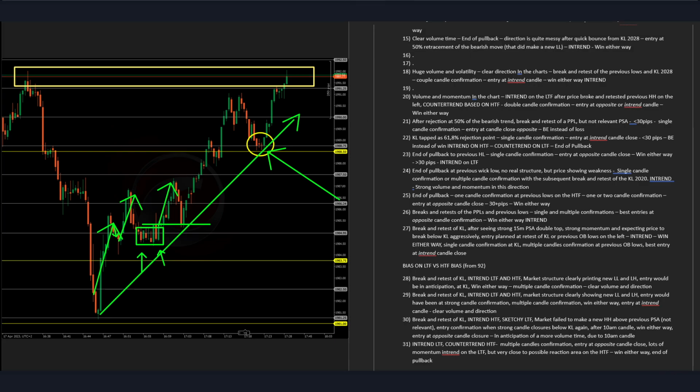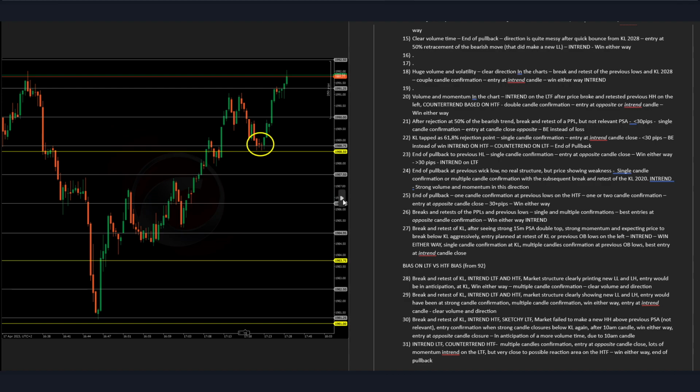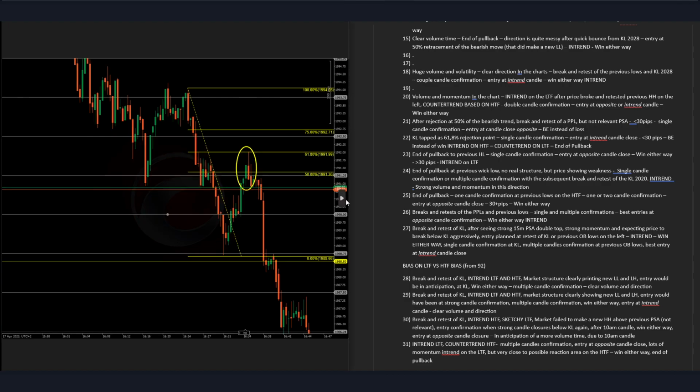So let's move on. Remember that we are just looking at the charts, just looking at the price action. So this was before the first trade that we saw together, and that's this possible candle entry, this strong confirmation. What we are seeing right now is the same as before.